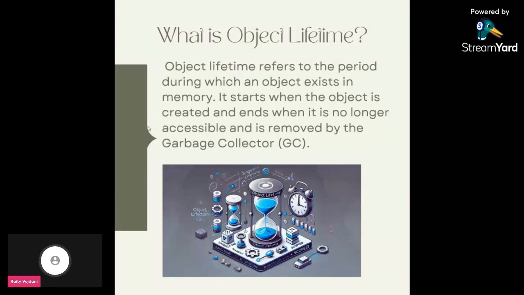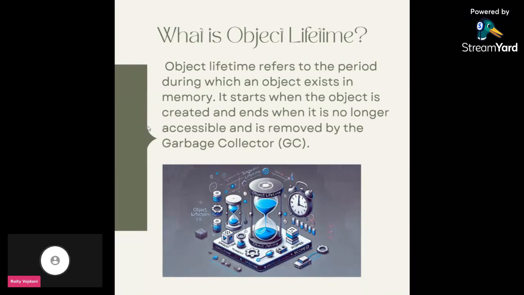What is object lifetime? Let's start with the first topic. To understand this, think about a person's life. A person's life starts when they are born and ends when they pass away. In C Sharp, an object's lifetime works in a similar way.